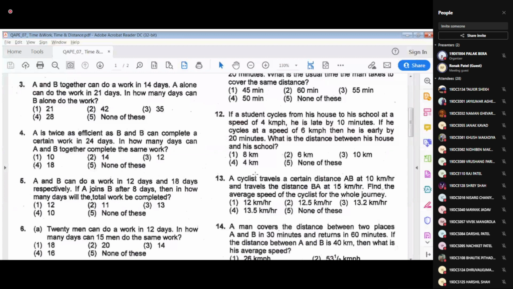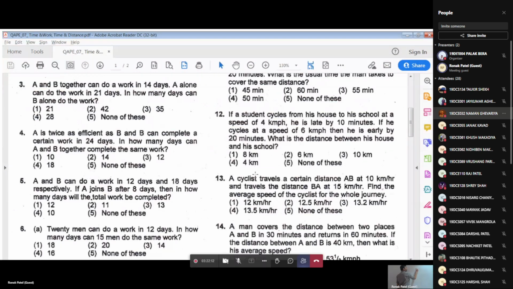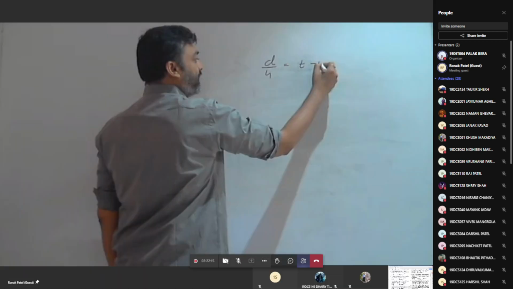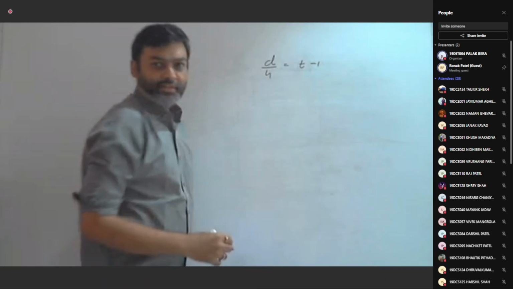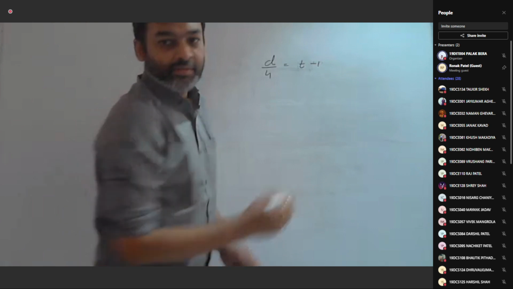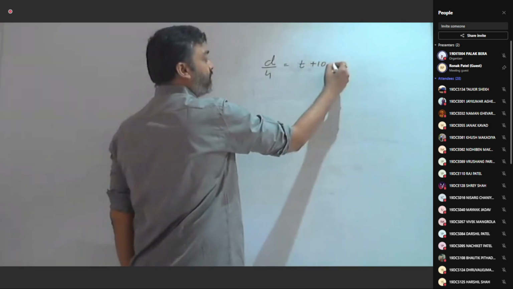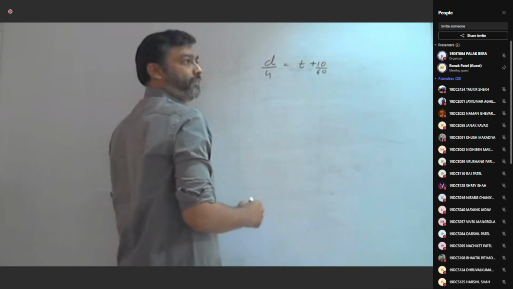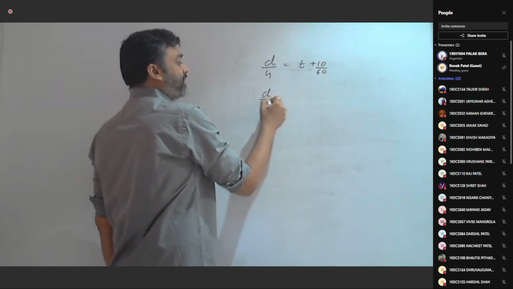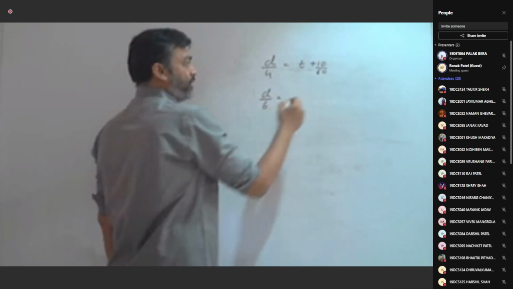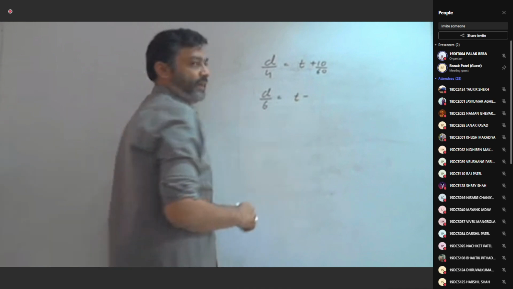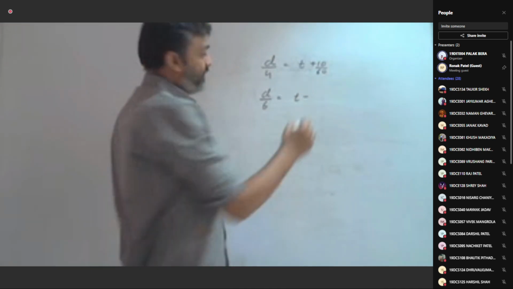First case, time means distance upon speed. And that is equal to usual time plus, in the first case he is late by 10 minutes. That means plus 10 minutes, I can divide by 60 to get hours. In second case, same distance divided by 6 gives the new time, which is early by 20 minutes.